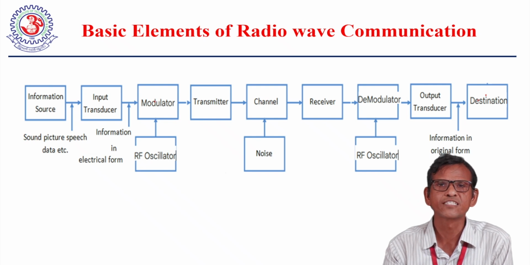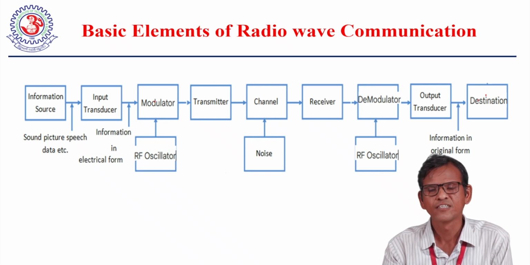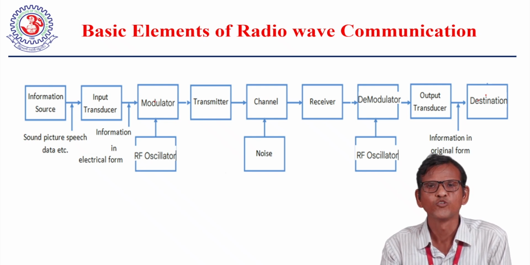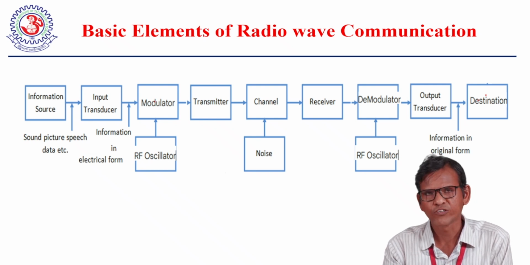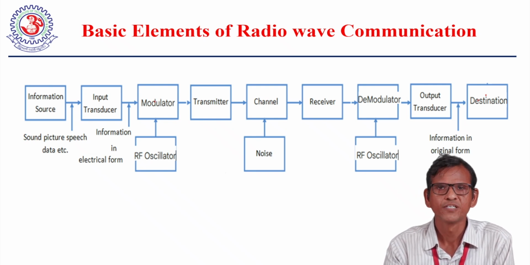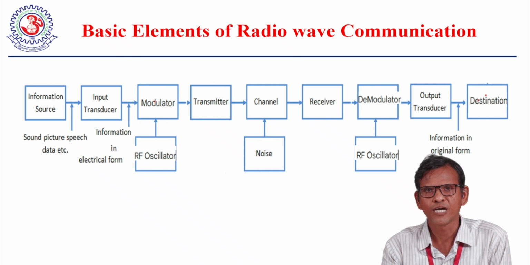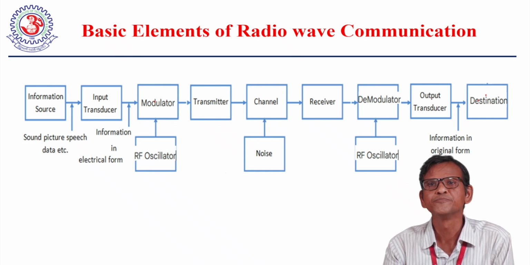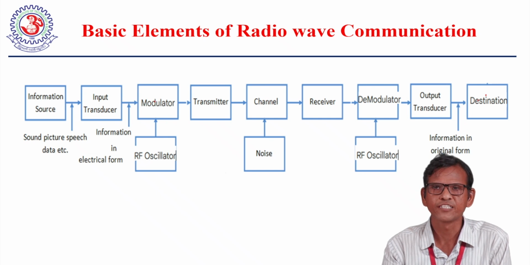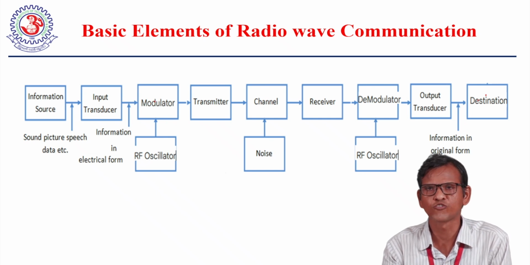So the modulator is the component where our message signal, in electrical form, is mixed with the carrier signal. But in demodulation, the RF oscillator is again used to separate the message signal from the carrier signal.